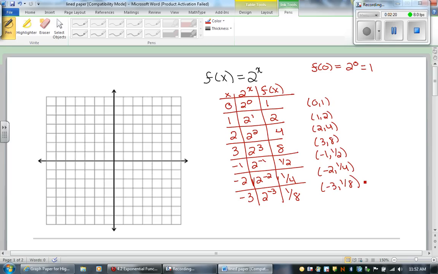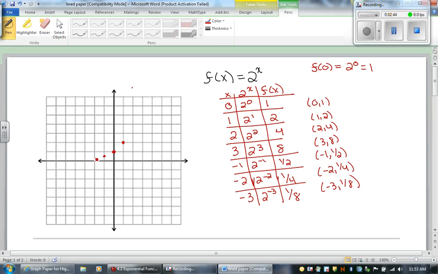Okay, and we're going to go through and plot those. So 0, 1 is right here. 1, 2. 3, 8, so I'm going to be up here. Negative 1, 1/2.